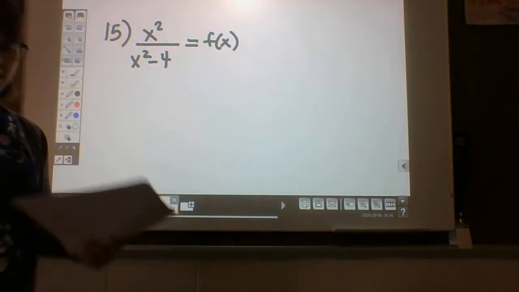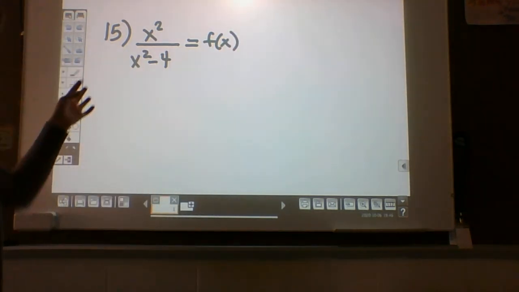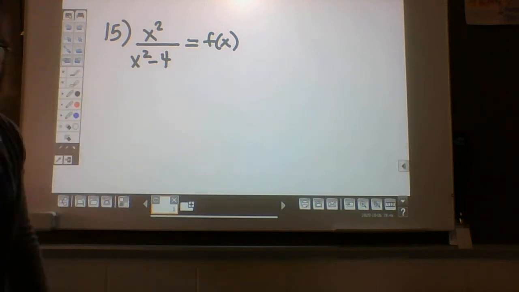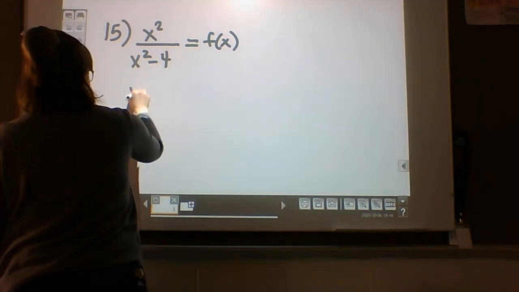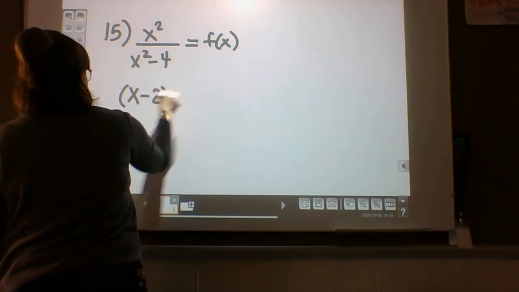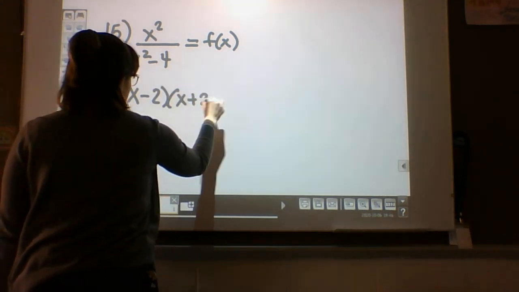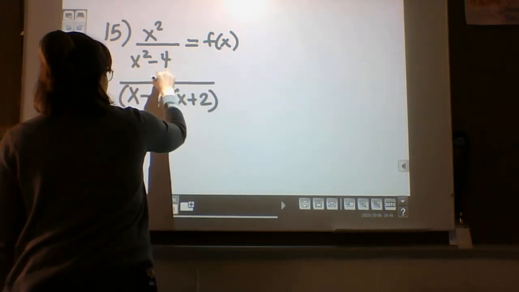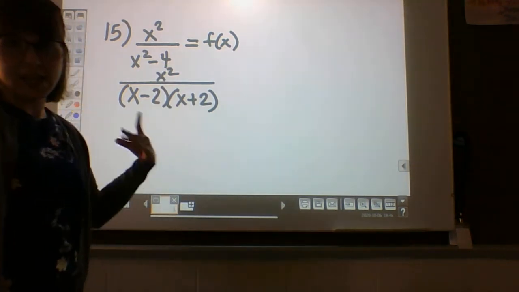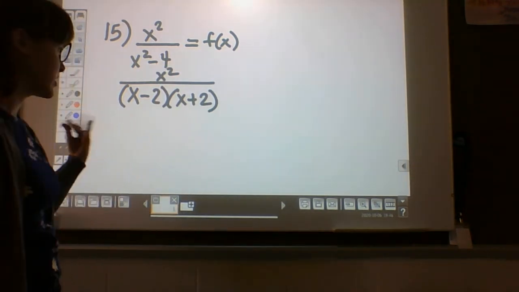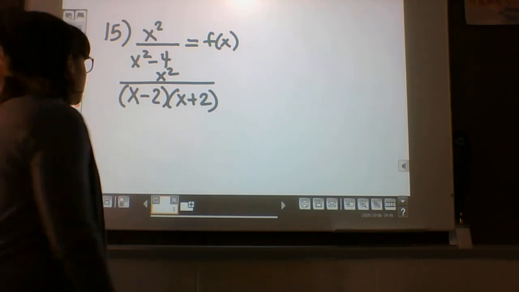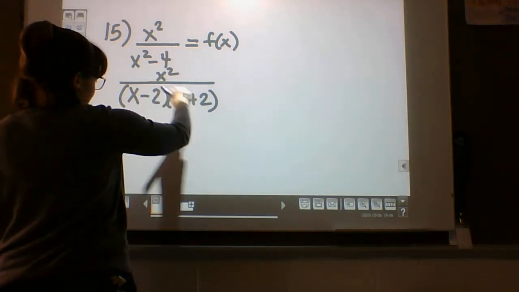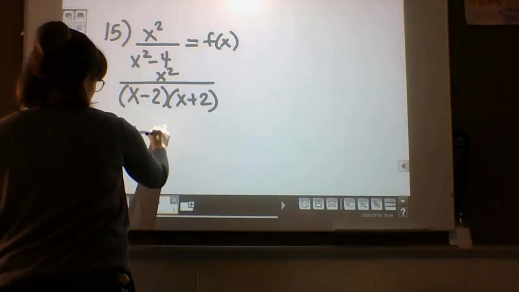Okay. So, we're going to factor the bottom part of this, and then set each factor of it equal to 0. Okay, so I factored it, and now it says x squared over x minus 2, x plus 2. And since I can't cancel anything out, we're going to set each part of it equal to 0.